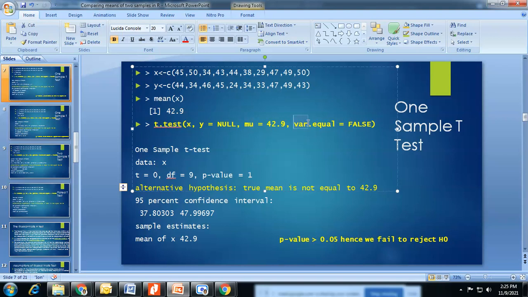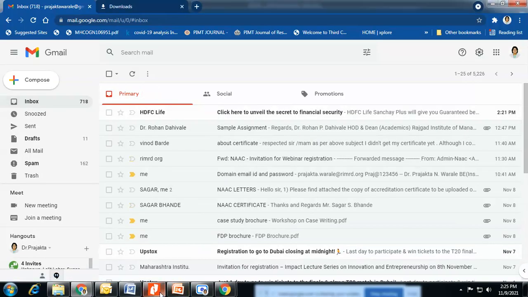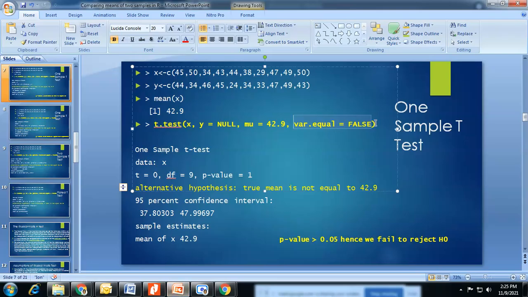And then var.equal is false, since there are not two samples in this case.